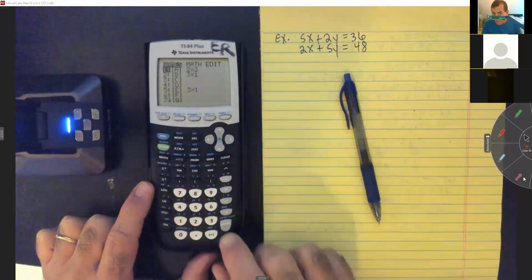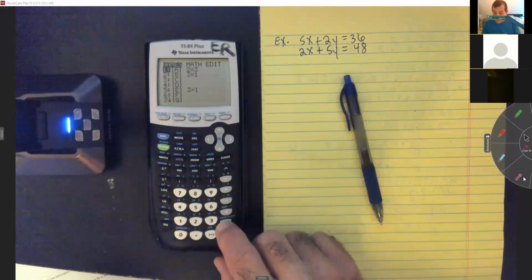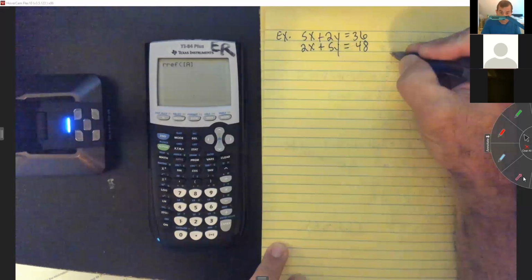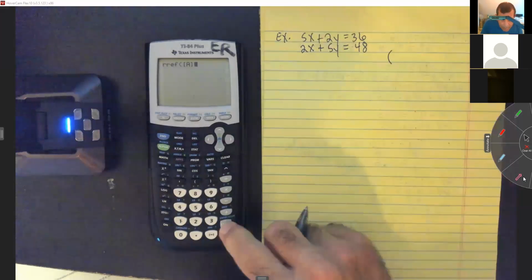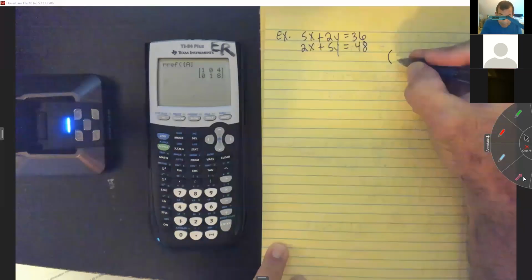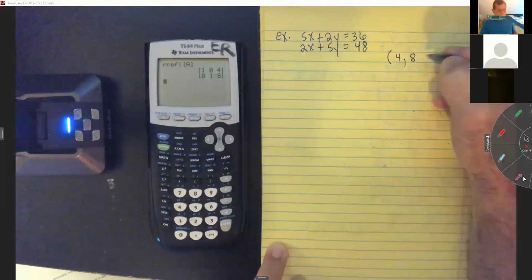And we can enter because I've been putting all mine in the first one that pops up, A. So hit enter. Now for my answers, when I hit enter, it looks like my x is 4 for the first line, and then my y looks like 8 on the second line.